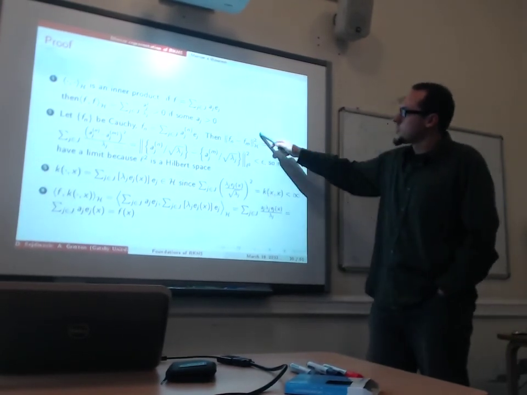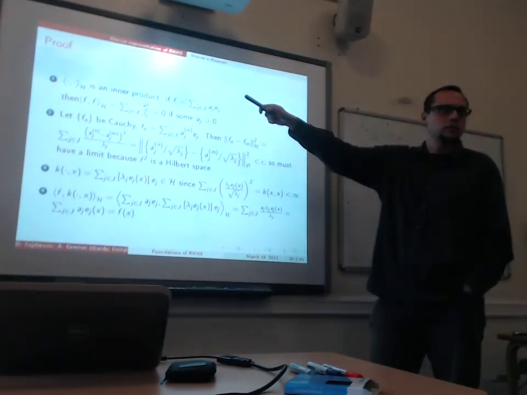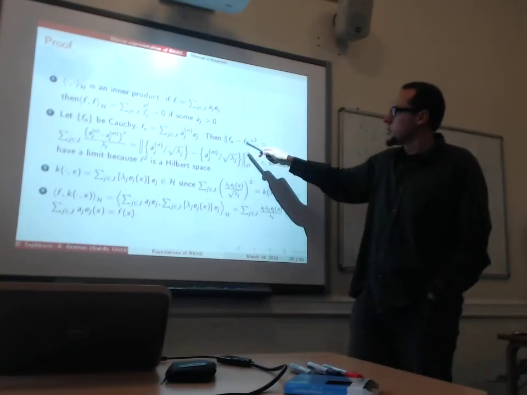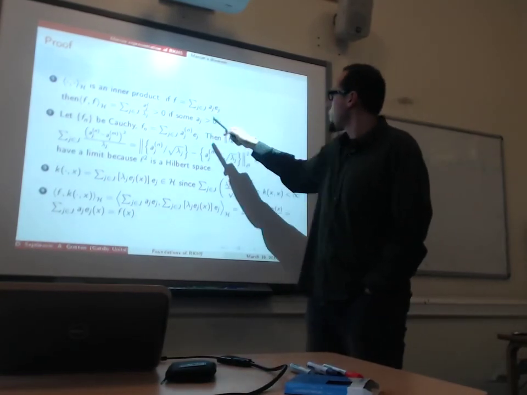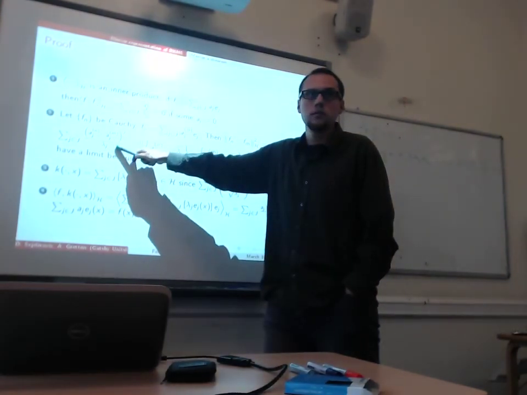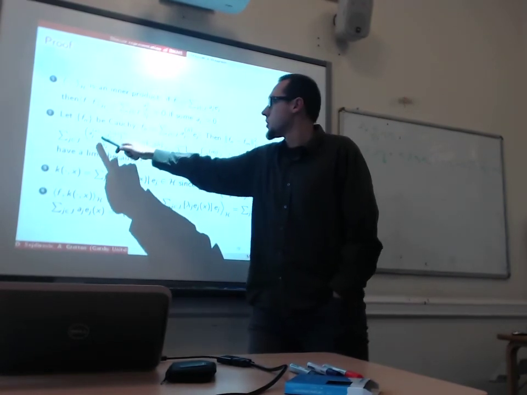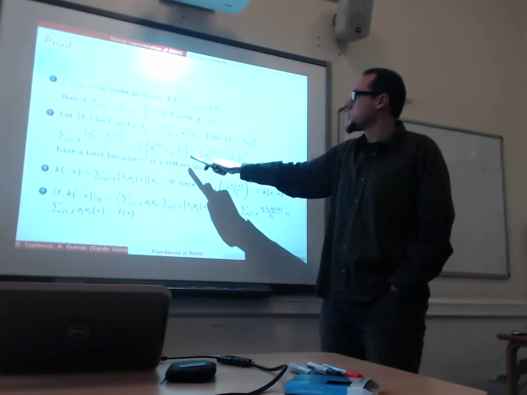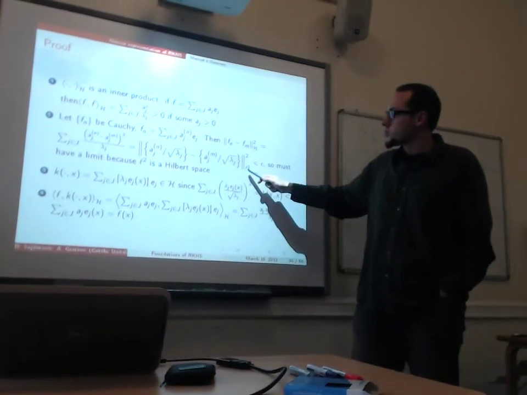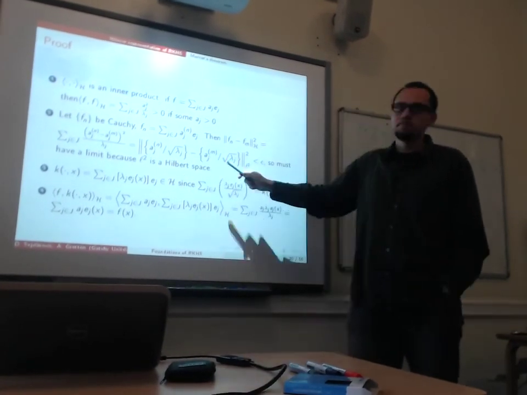That this can be made arbitrarily small when n and m are beyond a certain level. But what is that? By definition, when you plug in the definition of f_n and f_m there, you get just that. So that's now something in terms of these sequences, and this is nothing else than a difference in terms of the small l2 norm of certain sequences.